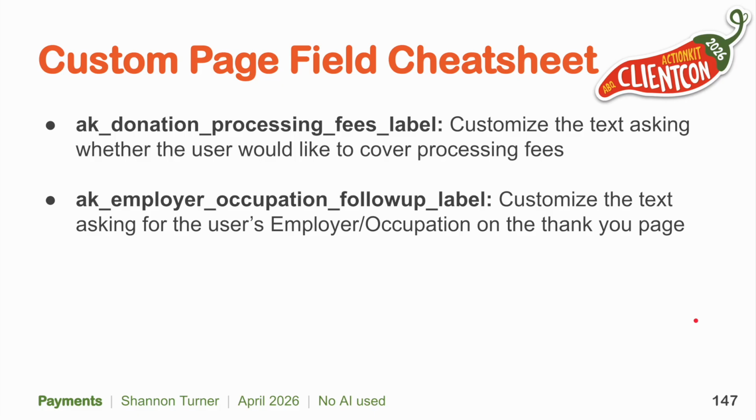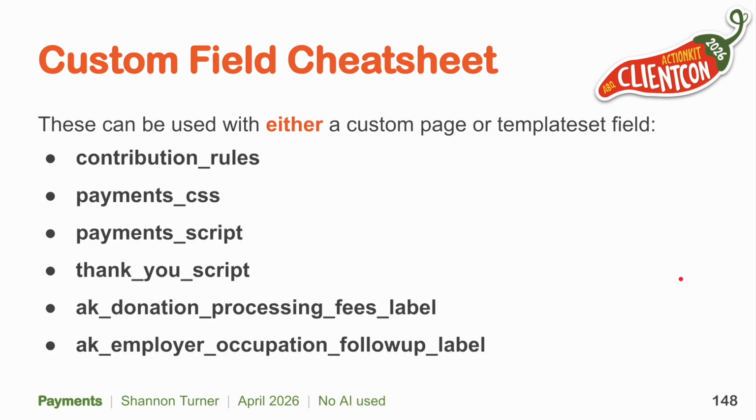And then there's the AK donation processing fees label, which lets you customize whether the user would like to cover processing fees. And you can also customize the text that asks for a user's employer and occupation on the thank you screen. These custom fields can be used with either a custom page field or a template set field.